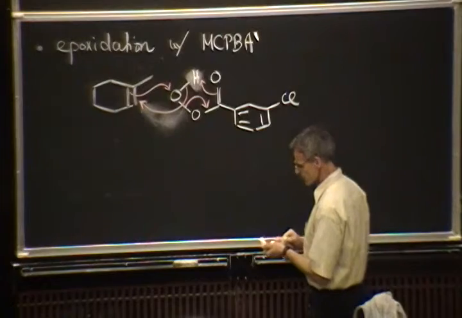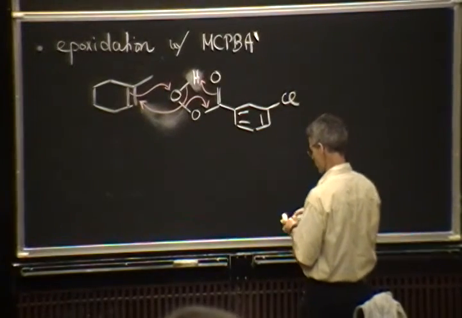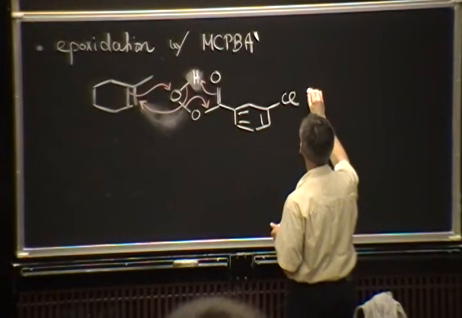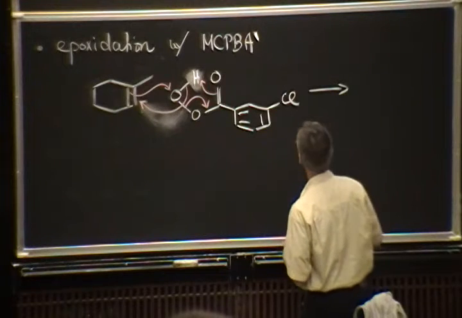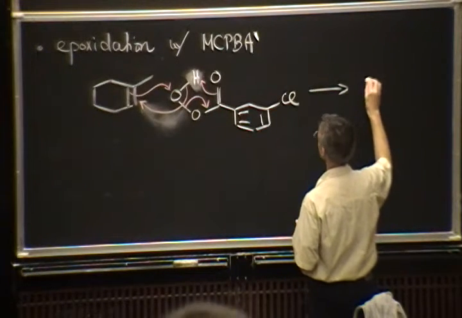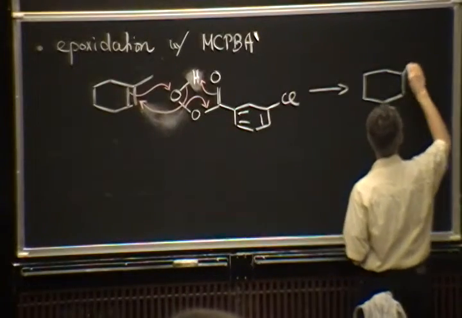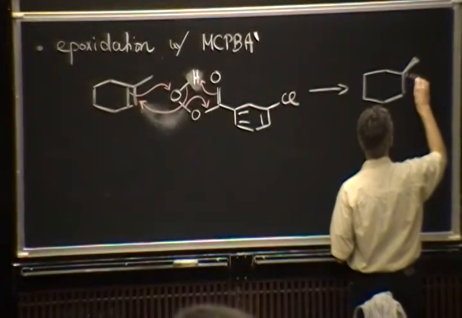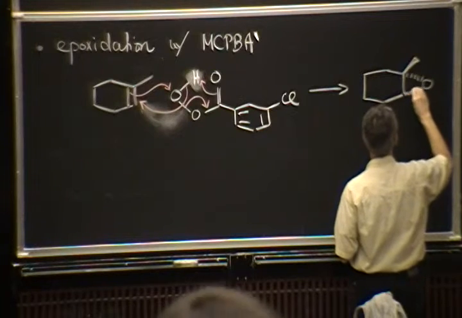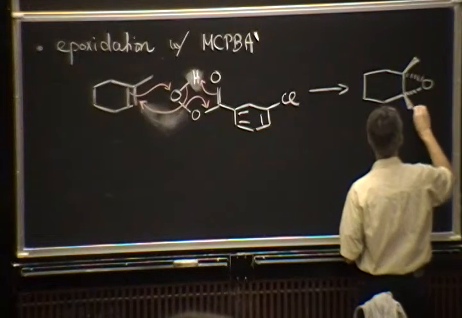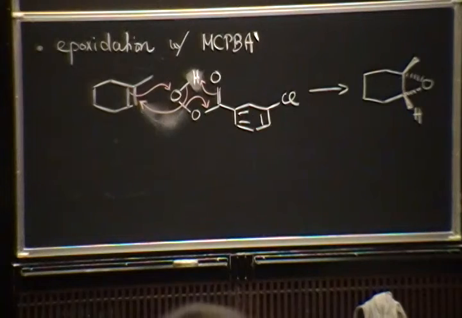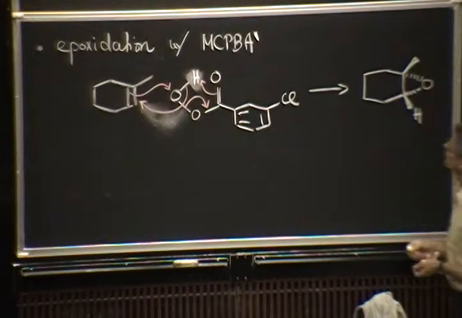We break the oxygen-oxygen bond. Again, that's a peroxide bond, similar to ozone. We see the reactivity of these bonds. And here we get the product, which is an epoxide. Throwing in the hydrogen to show that we have a syn epoxide.